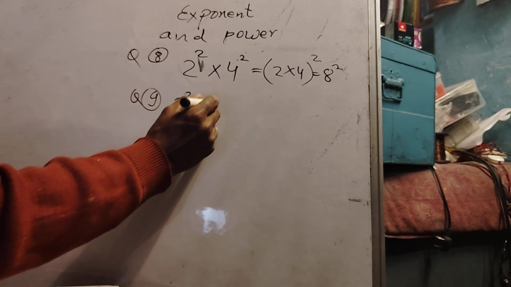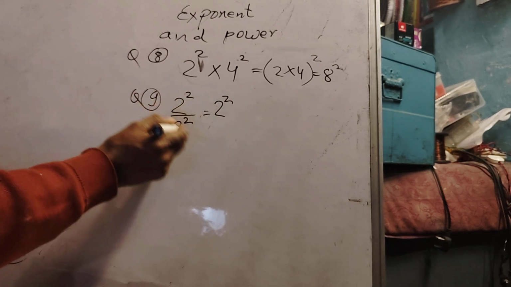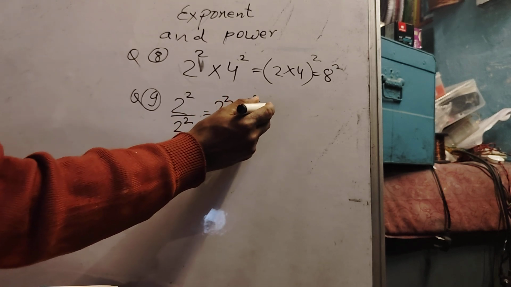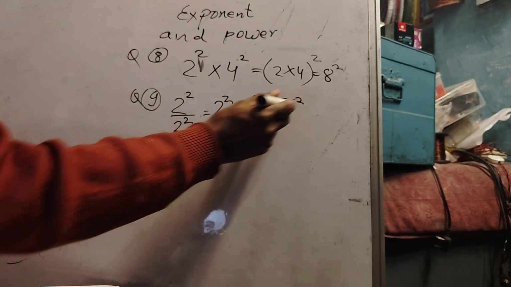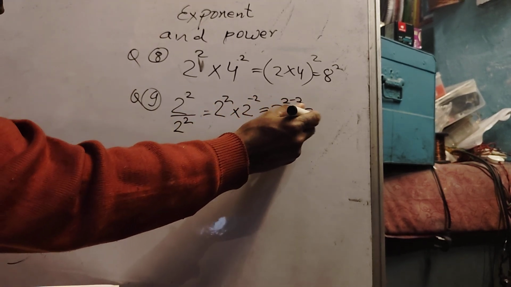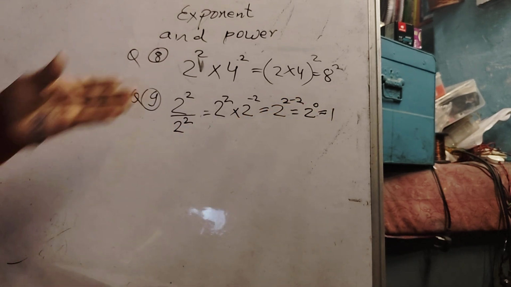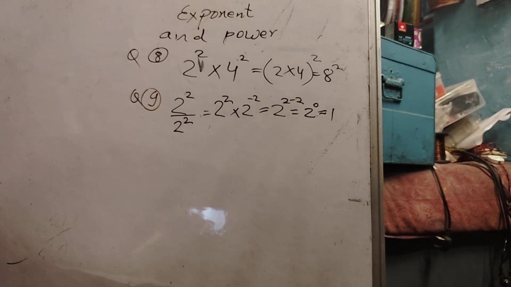Yes, 1. This power comes from the denominator to the numerator, so it becomes a negative power, and the powers can be combined. The base is the same and in multiplication, so the power is 0. Any number whose power is 0 is 1. Or we can say the same number divided by the same number is always 1.